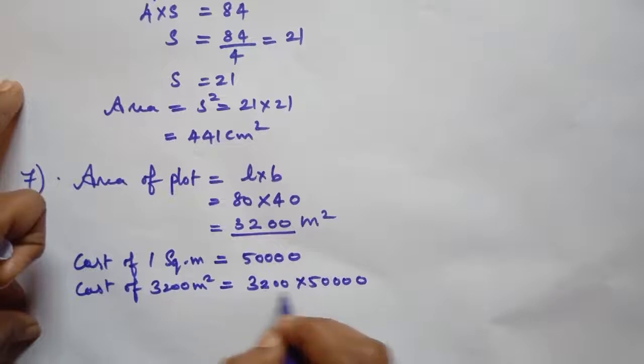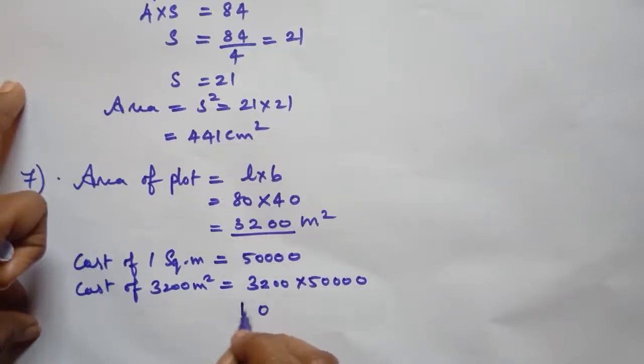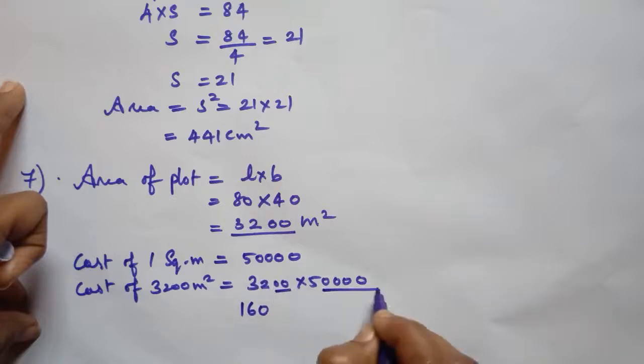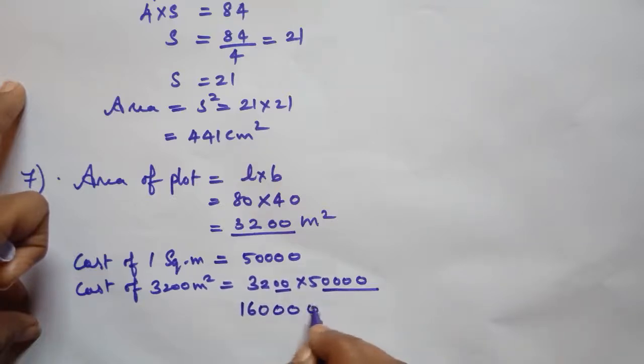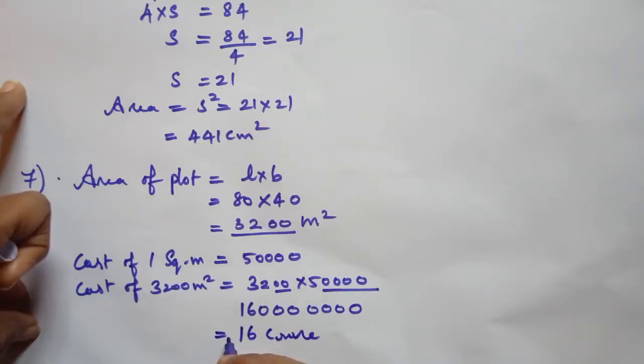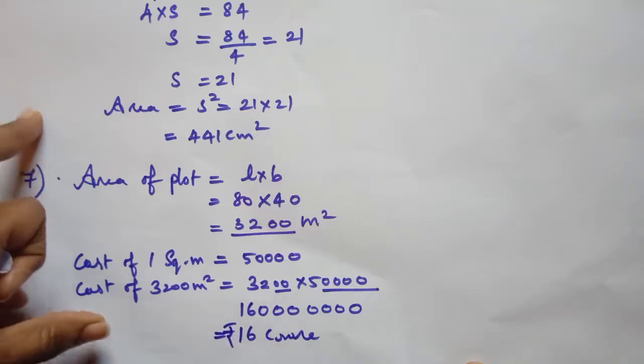So 32 into 5, 2 5s are 10, 3 5s are 15, 160. Then the zeros: ten, hundred, thousand, ten thousand, lakh, 10 lakh, crore, 10 crore. So that is equal to 16 crore. You can write rupees 16 crore. Is it clear, students? Good.